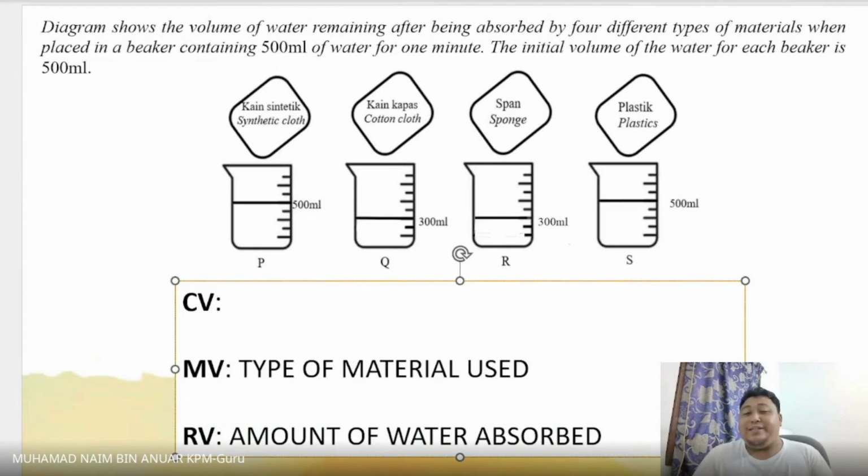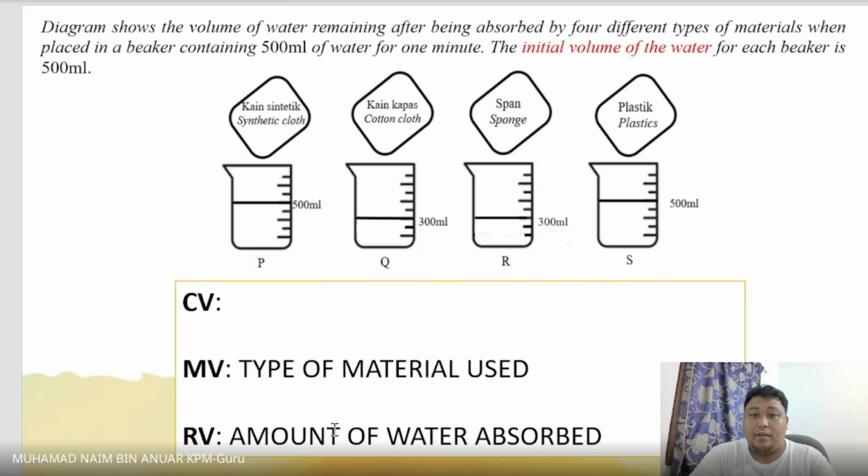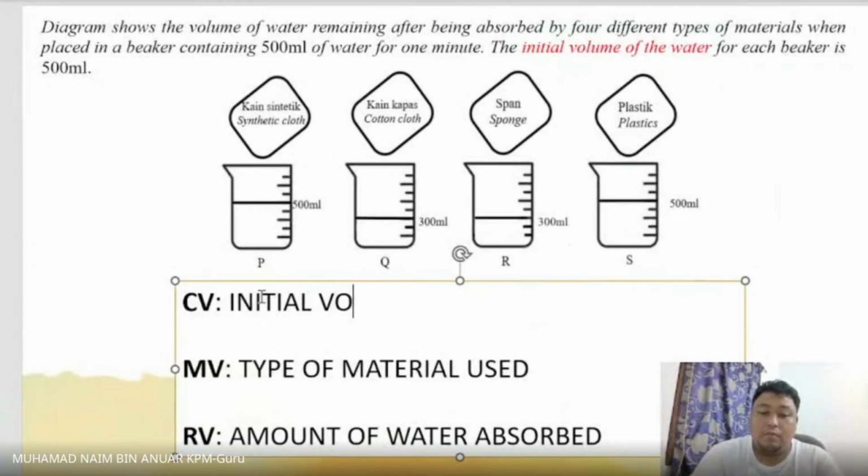Amount of water at the start of the experiment, which is 500 ml water, because before we start the experiment, all beakers have 500 ml of water. Here, initial volume of water. Now this one, I bold it, I make it red. So that one is CV: initial volume of water.